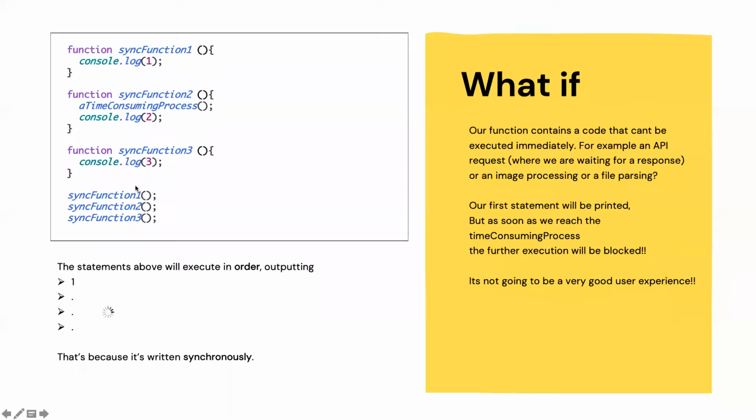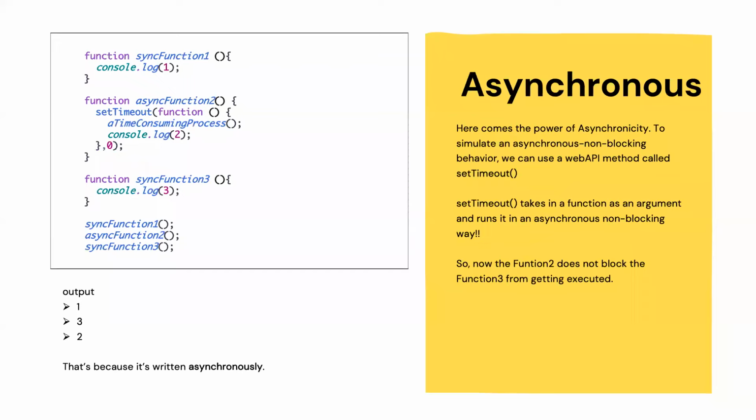So JavaScript provides us a lot of asynchronous functions and ways to achieve asynchronicity. What asynchronous code does is it allows the other lines of code to run. It does not block the further code from being executed.